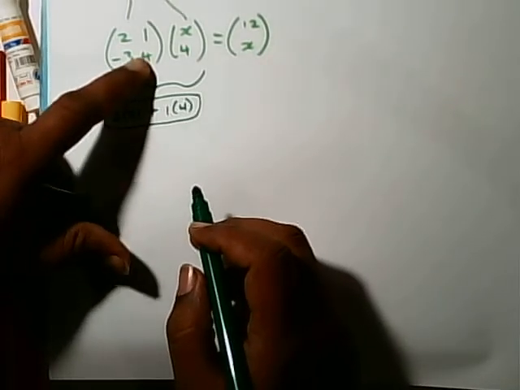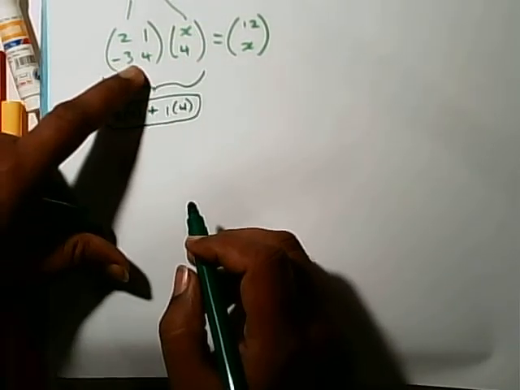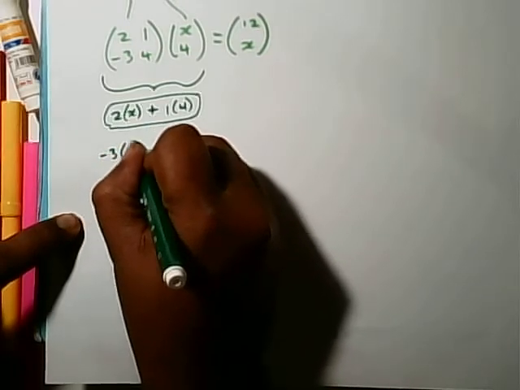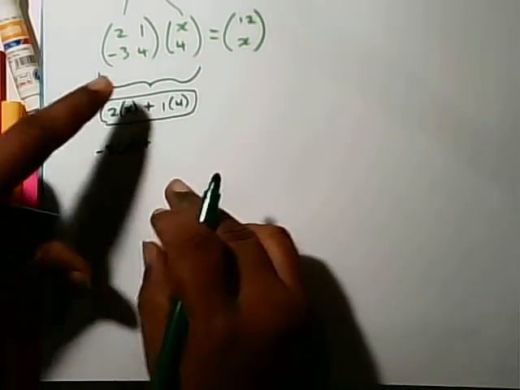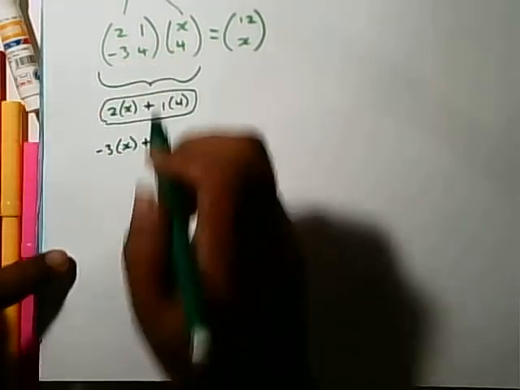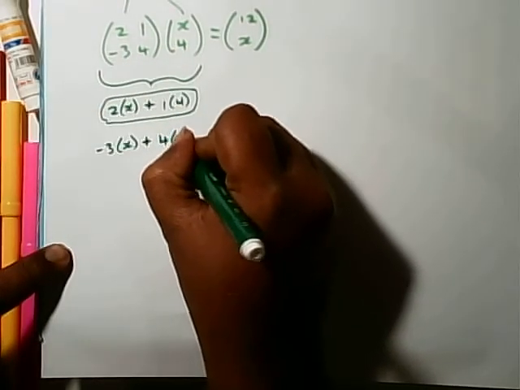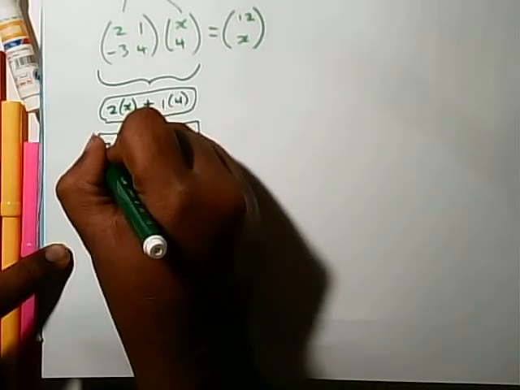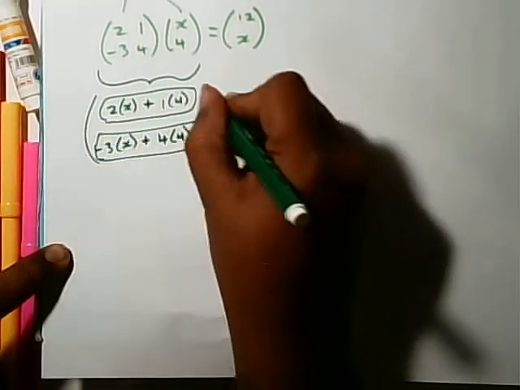Let's look at row by column. Minus 3 by x added to 4 by 4. That's row by column.